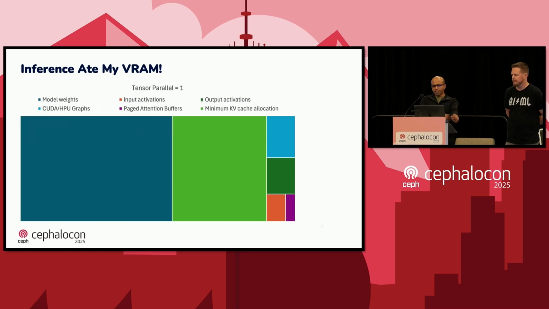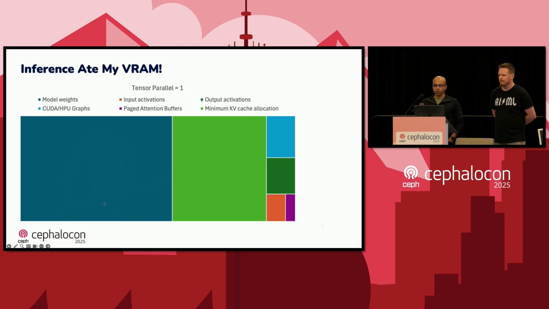Now let's zoom into where all this memory goes. Because you may say, oh, I have an 8 billion parameter model, I'm going to need about 16 to 20 gigabytes of HBM, and I've got 80 to 128. So where does the rest of the space go? This is a view of a single GPU, and the massive dark blue chunk is your model weights.